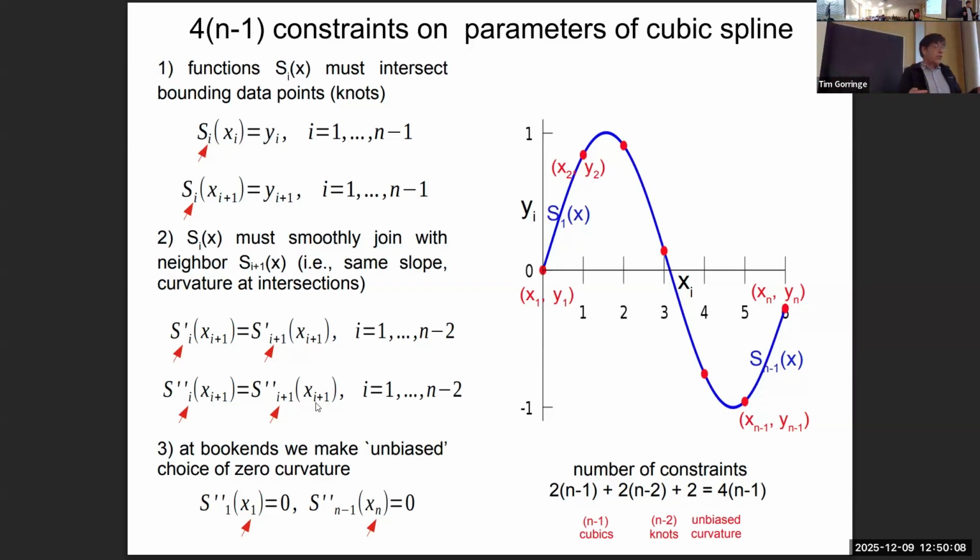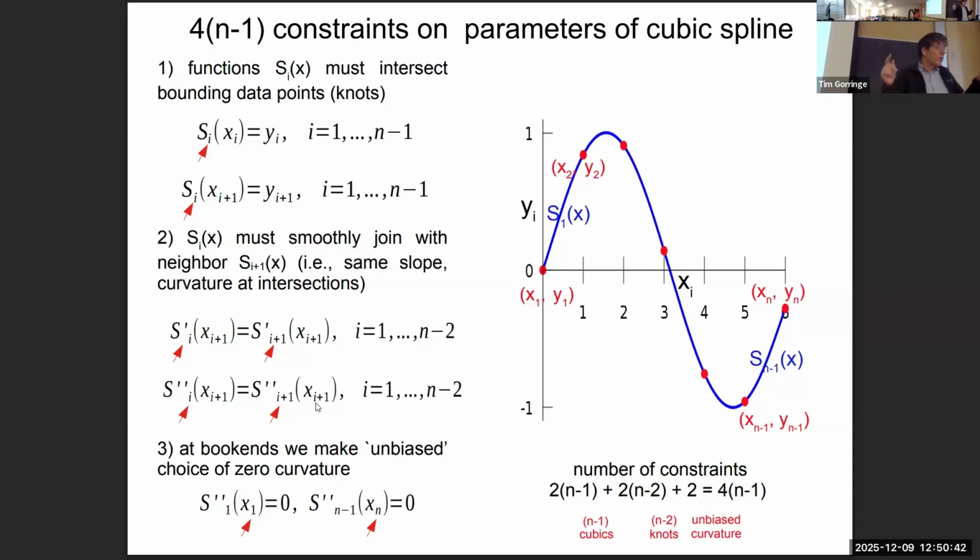The only 2 additional constraints that we need are because at the far left and the far right, if you look on the plot, those points that are the bookends, the point with the lowest value of x and the point with the highest value of x, those constraints on the curvature and the slope can't be applied there, because they don't have a cubic function outside this region of interest to the data points.